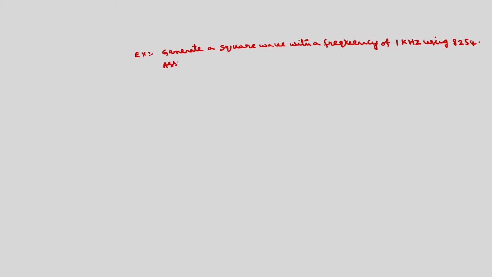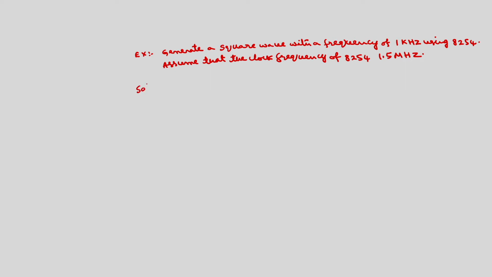Assume that the clock frequency is 1.5 megahertz. As I have told in the last class, the clock frequency of 8254 can vary from DC to 10 megahertz. Here I am considering 1.5 megahertz.